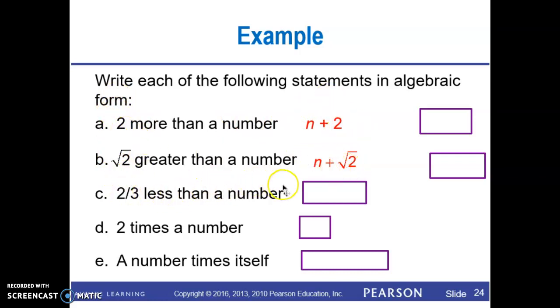All right, 2/3 less than a number. Well, less than is the opposite of more than, so it's going to work exactly the same way. I'm going to take my number, and instead of increasing it by 2/3, I'm going to decrease it by 2/3 because I see less than. And so here's what my expression would turn out to be, n minus 2/3.